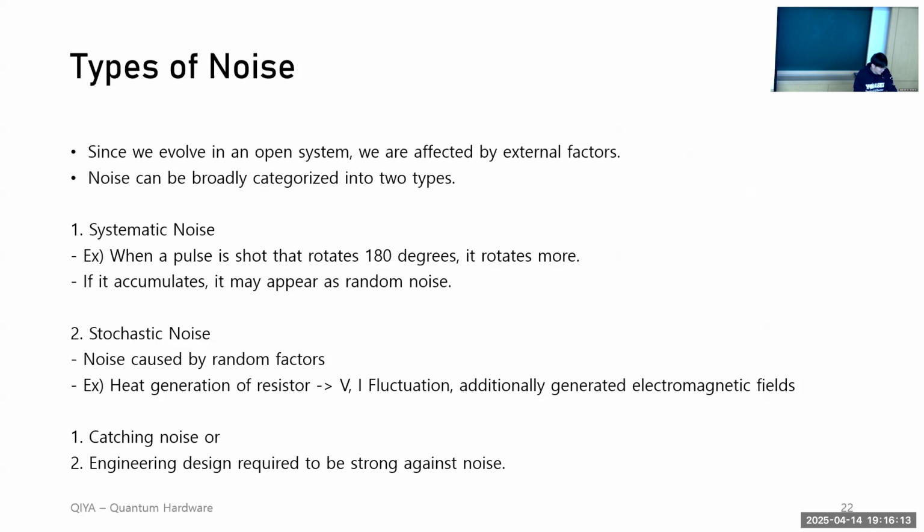And the second is stochastic noise, caused by random factors like heat generation of the resistor, which can make voltage and current fluctuations, so additionally generated electromagnetic fields. So we can fix these noises by catching the noise, or by engineering design that is robust against the noise.